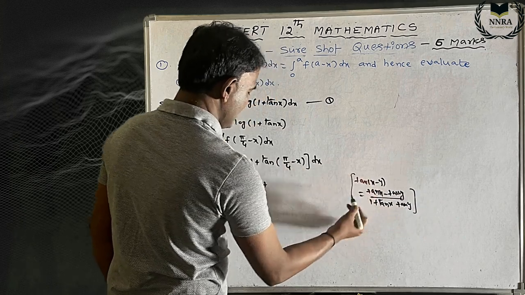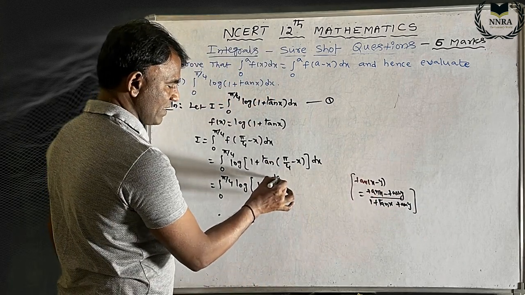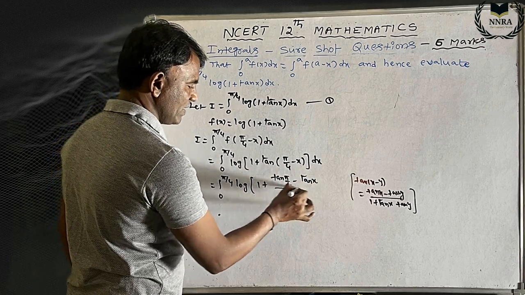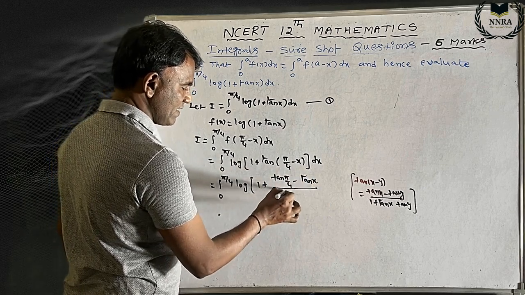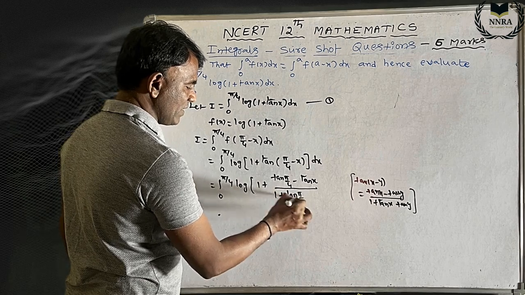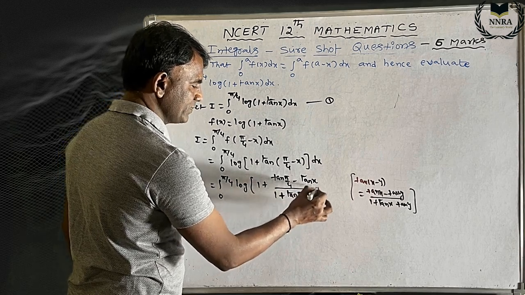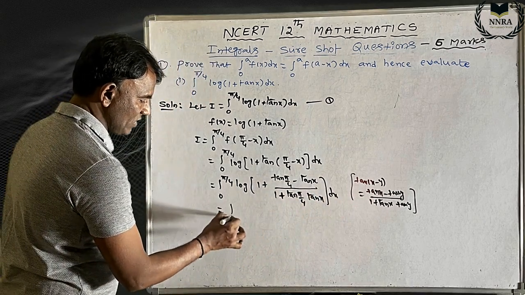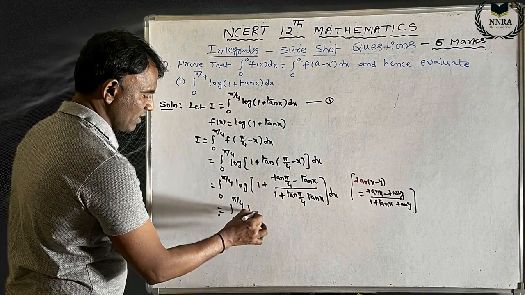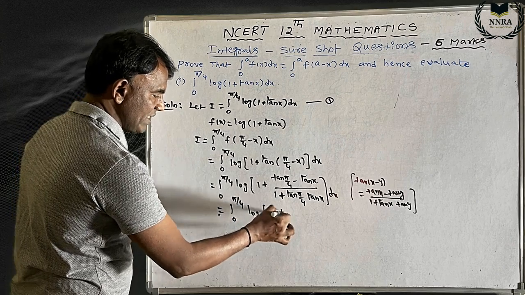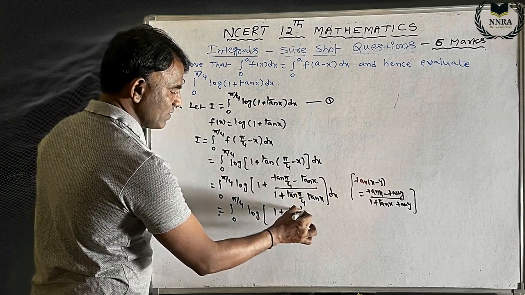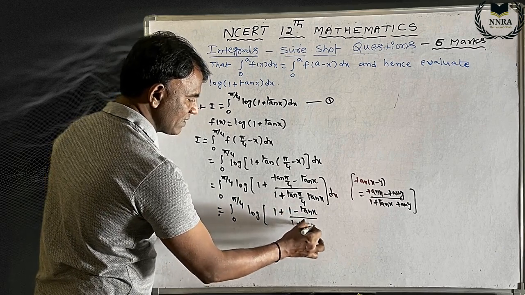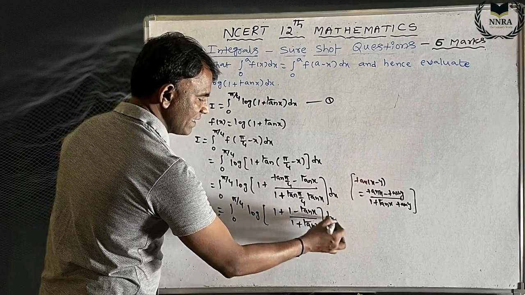Okay. And tan x means tan pi by 4 minus tan y means tan x divided by 1 plus tan pi by 4 into tan x, then dx. And again integral 0 to pi by 4 log of, now 1 plus tan pi by 4 means 1 minus tan x, and it is 1 plus tan x, then dx.